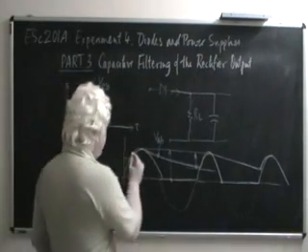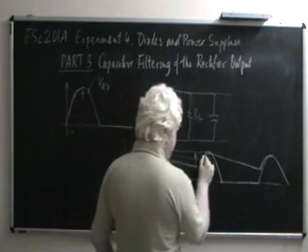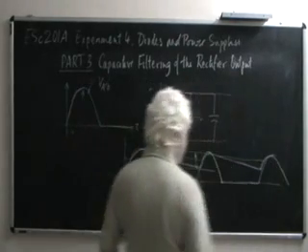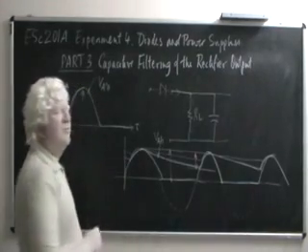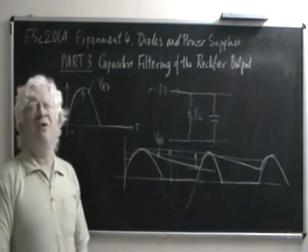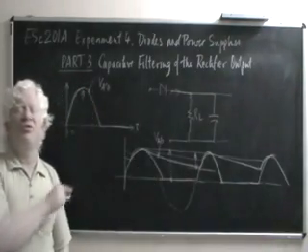And so you might get a waveform that looks like this. And it would also be here, like this. So depending upon how large the capacitor is, it gets less and less wavy, more and more constant.